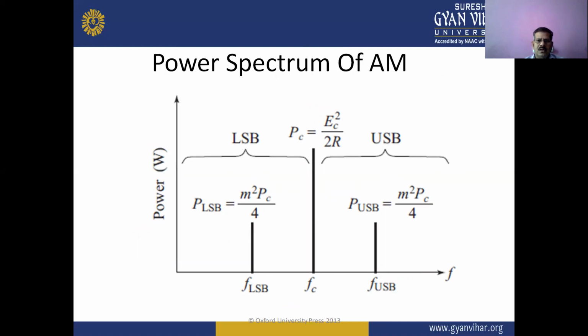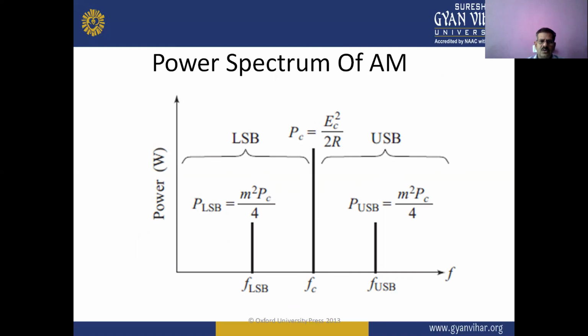And this graph shows the power spectrum of the amplitude modulated system. So in the power spectrum, a power versus frequency graph is drawn here.